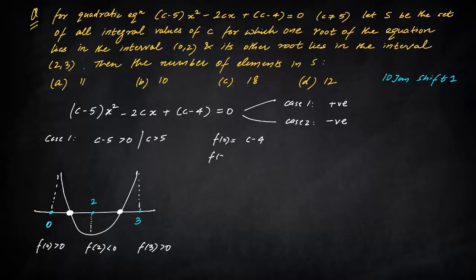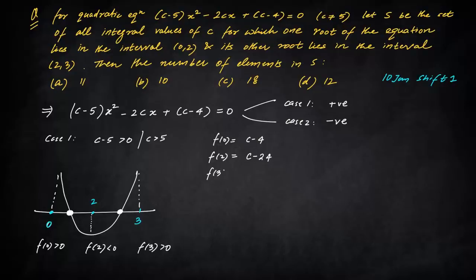What is the value of F2? You just have to put the value 2 in this particular expression. If you solve this, this will be 4 times c minus 5 minus 4c plus c minus 4. And if you calculate, 4c will get cancelled. This will become c minus 24.